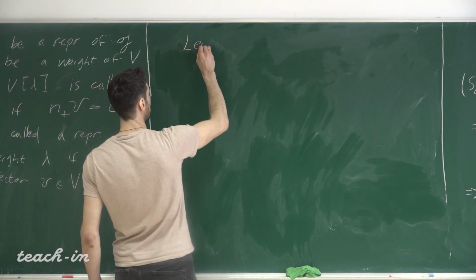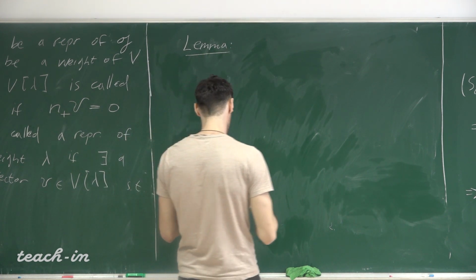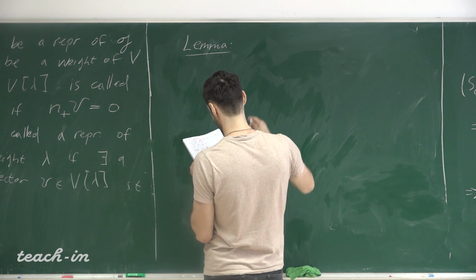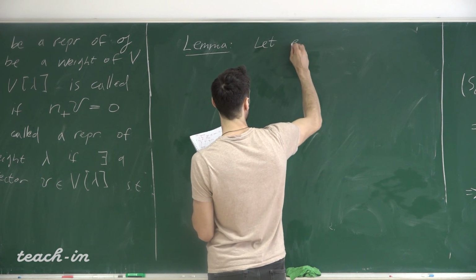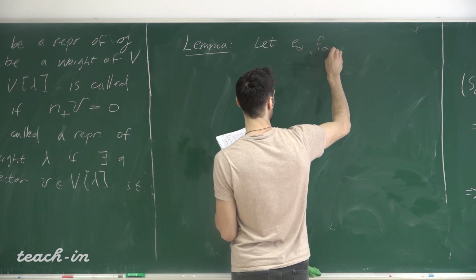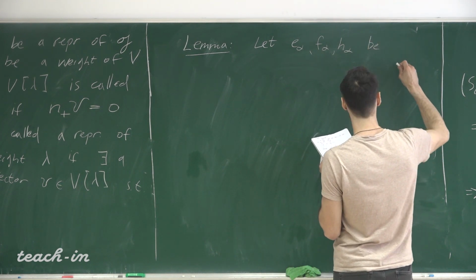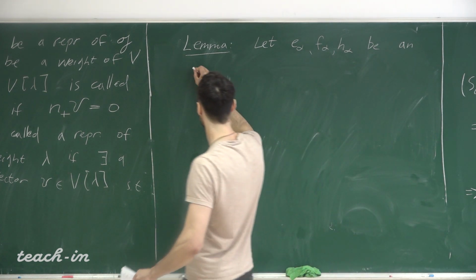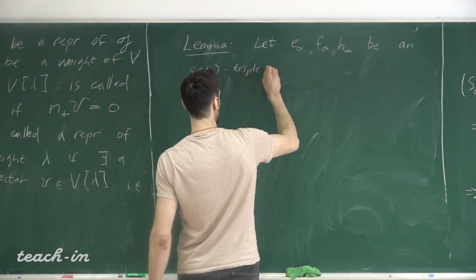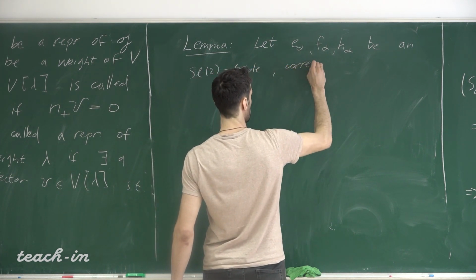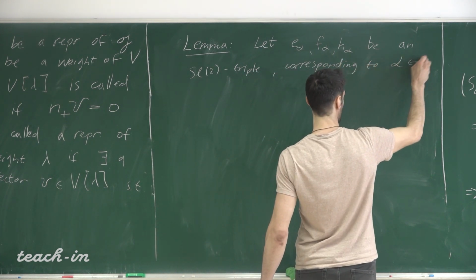Lemma: consider E alpha, F alpha, H alpha, an SL2 triple corresponding to some root alpha.